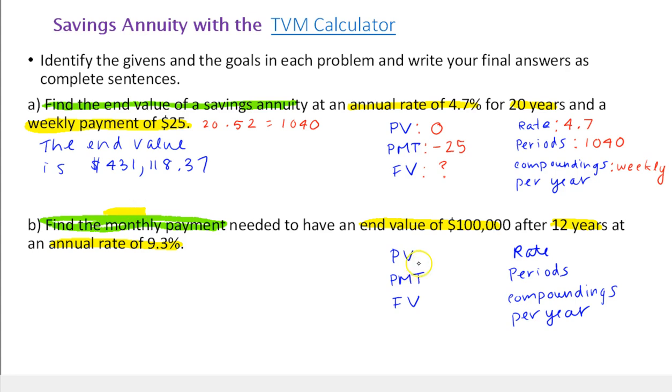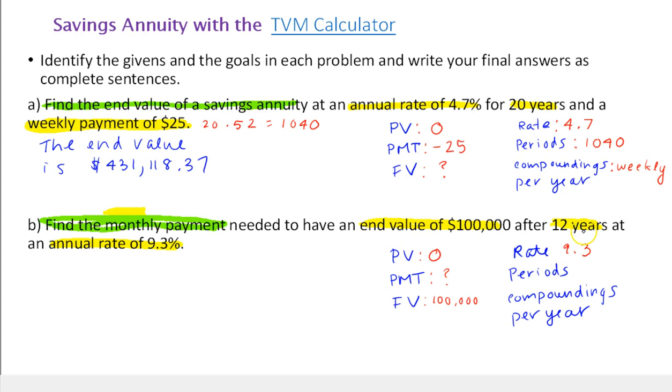The present value, again, the account starts at 0. We're trying to find the monthly payment, so we'll put a question mark. We want the future value to be 100,000, and that's going to be positive because the investor gets that money back. The rate is 9.3%.